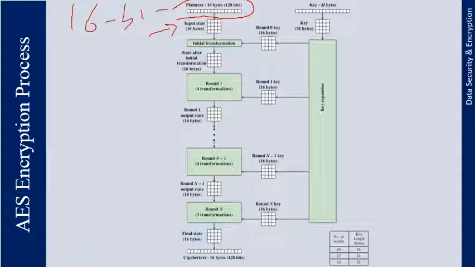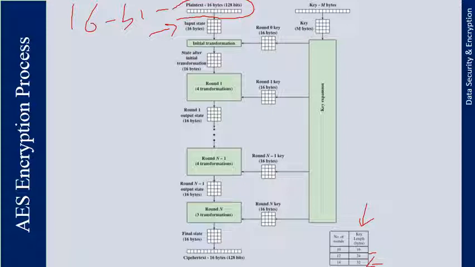The key length can be 16, 24 or 32 bytes, as described here. If it is a 16 byte key, which is 128 bits, it will be referred to as AES 128. For the second, it will be referred to as AES 192, as it contains 192 bits, and for the third, AES 256, depending on the size of the key length.